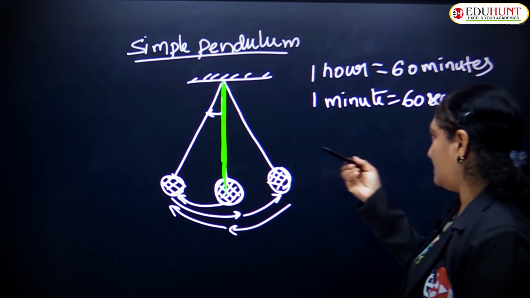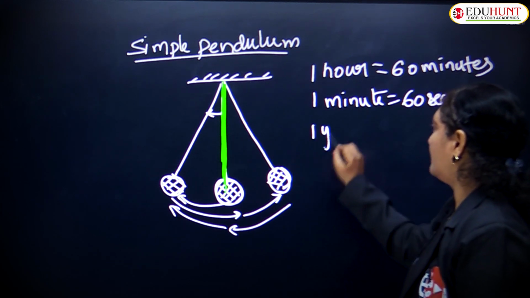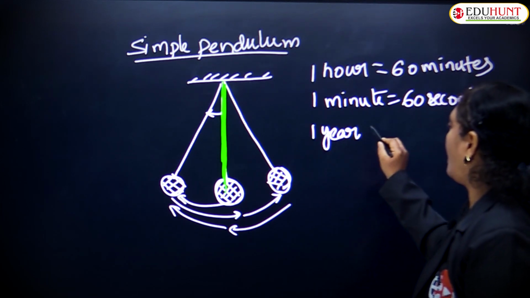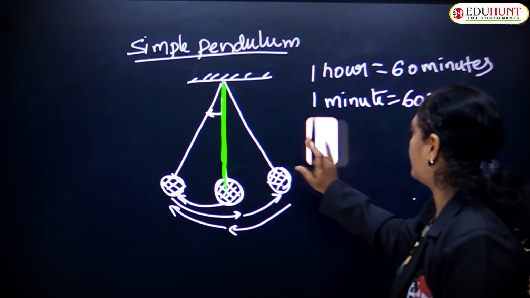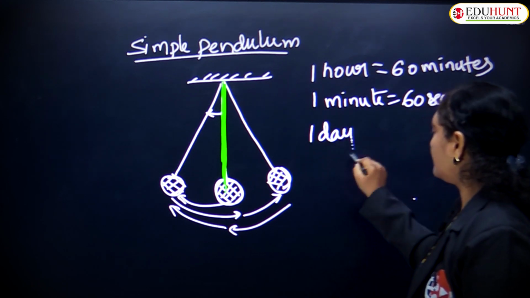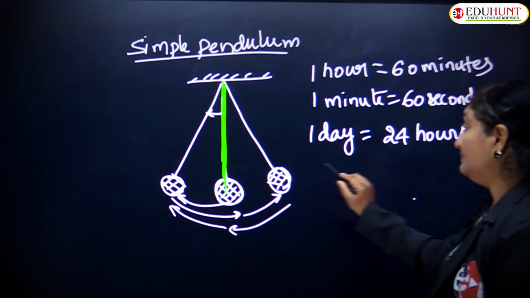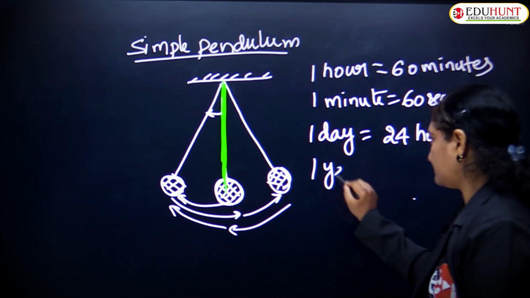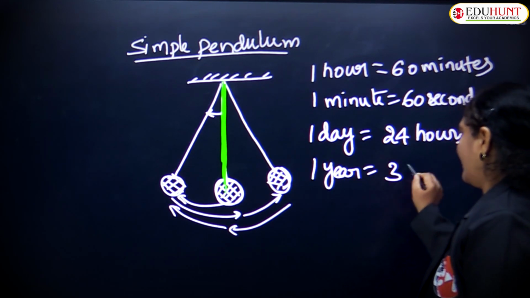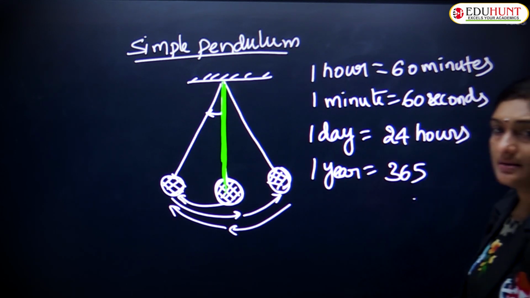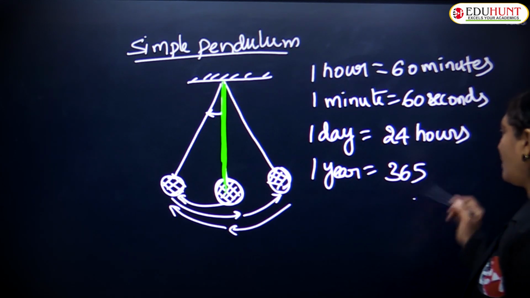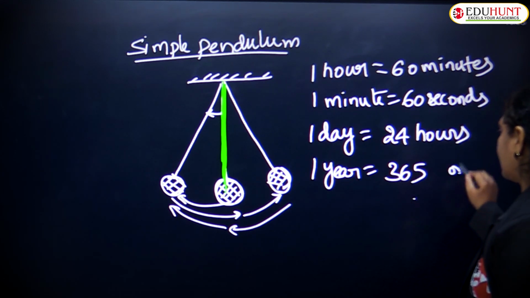Coming back to the other multiples, in 1 year, how many days are there? First of all, let us say 1 day. 1 day consists of 24 hours. 1 year consists of, we say, 365 days. If it happens to be a leap year, we call it 366 days.